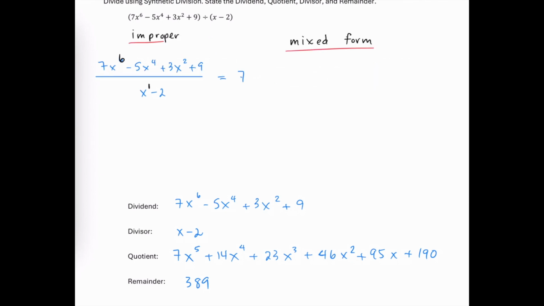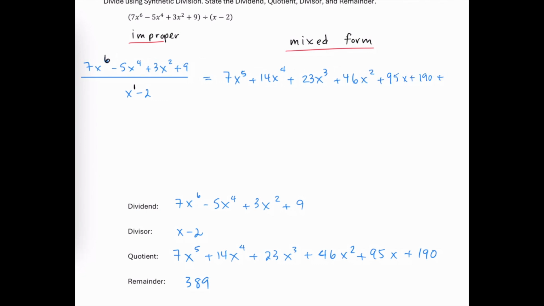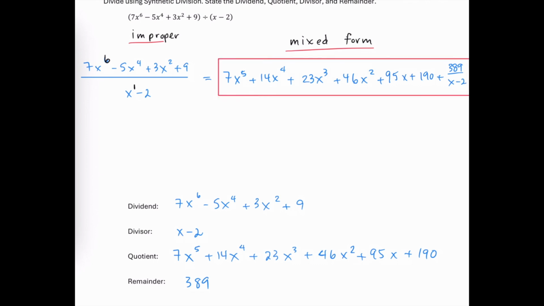So the quotient was 7x to the fifth plus 14x to the fourth plus 23x cubed plus 46x squared plus 95x plus 190 plus the remainder of 389 divided by the divisor x minus 2. And when we write our answer following the pattern of this mixed number, the expression on the right is algebraically equivalent to the division problem that we started with.